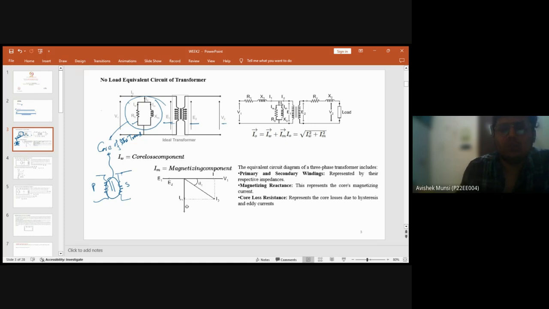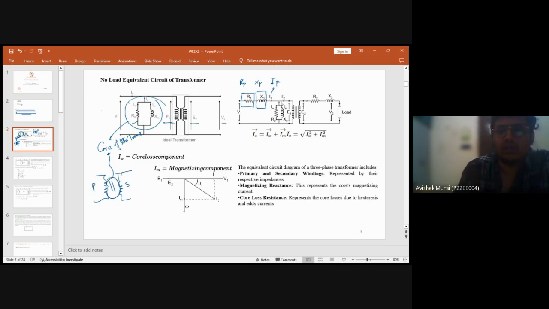So we have R1, X1, these are the primary resistance and the primary reactance. You can also represent them by RP, XP, if you require. And I1 is basically the primary current flowing through the circuit. This is I2, which will be induced in the secondary side, and ultimately we'll get a secondary EMF E2 there.